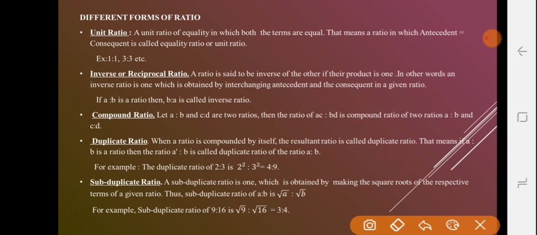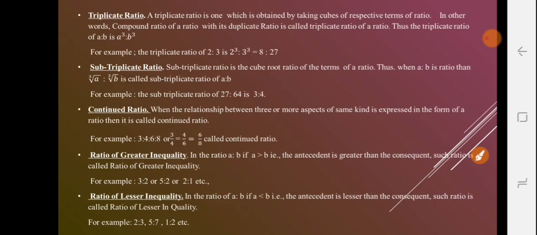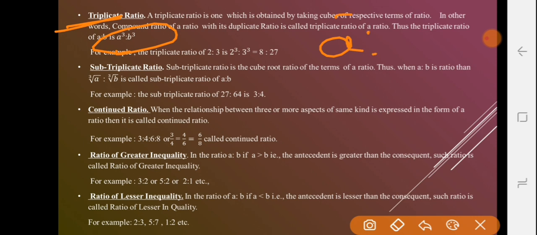Okay, we'll move on to the next type, that is triplicate ratio. See, duplicate and triplicate resemble each other, only thing is triplicate is 3. So a triplicate ratio is one which is obtained by taking cubes of the respective terms of a ratio.